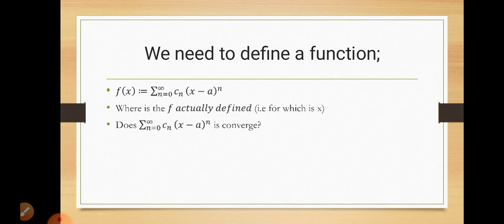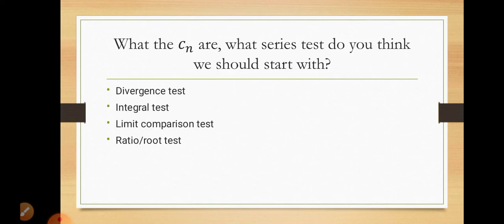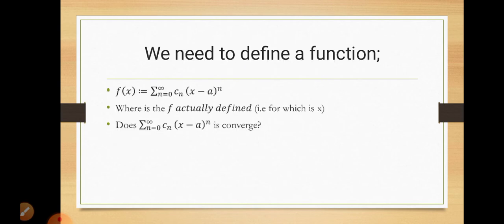So to analyze convergence, fix a point x and treat the summation of c sub n times (x minus a) to the power of n as a series just like before.